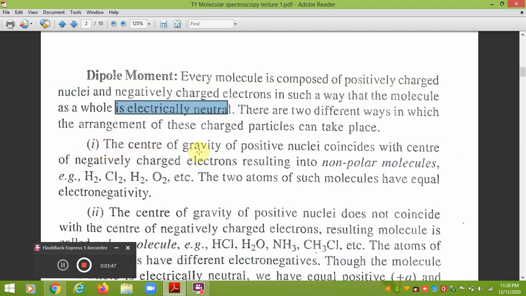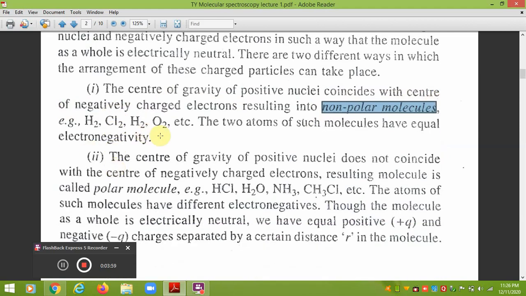In the first case, if the center of gravity of positive nuclei coincides with the center of negatively charged electrons, then such molecules are called non-polar molecules, like hydrogen, chlorine, oxygen. In this type of molecule, the two atoms have equal electronegativity.